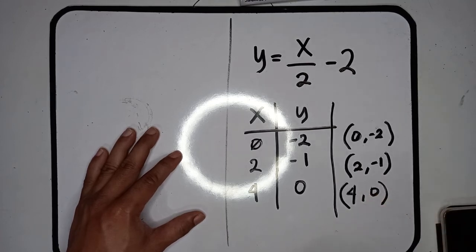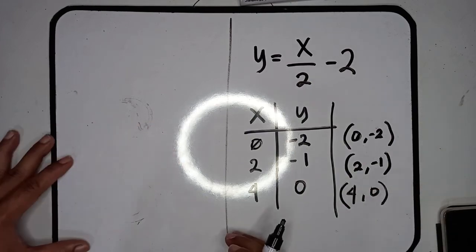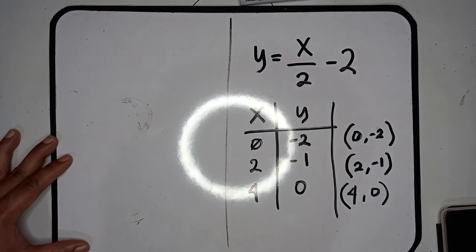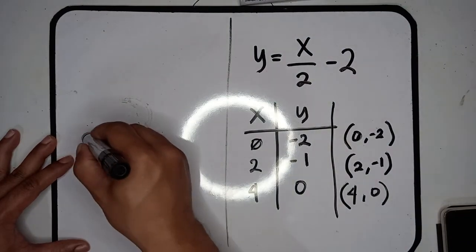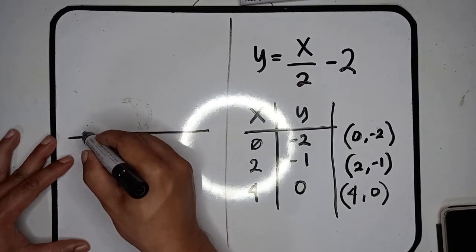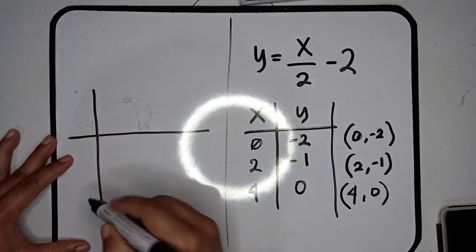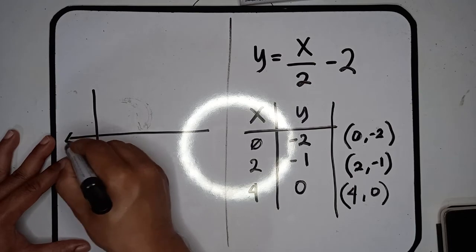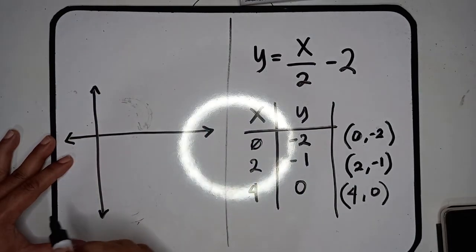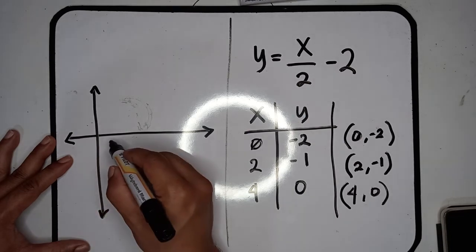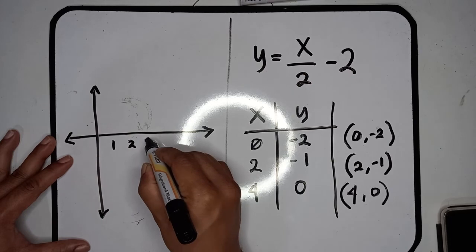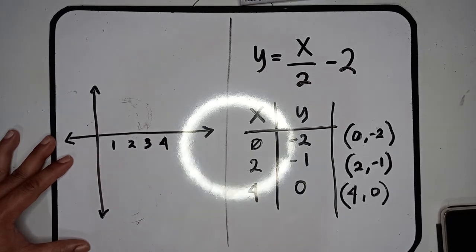Okay, let's try to plot it in our x and y axis. For our x, we have 1, 2, 3, and 4.